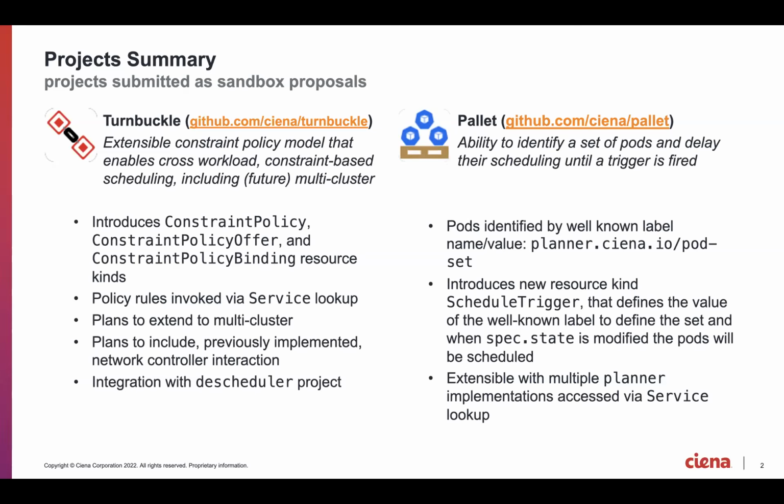I talked about latency and jitter as things that we cared about initially as kind of a test case. But they're not built into the system. It can be used for things like security, anything that you can think of in terms of constraint models. It can also be used to specify single pod constraints or single workload constraints as well. There's nothing in the system that says it has to be bound to inter workload constraints.